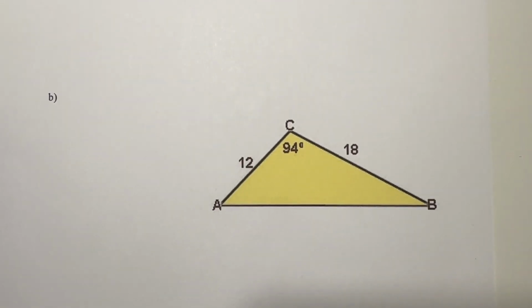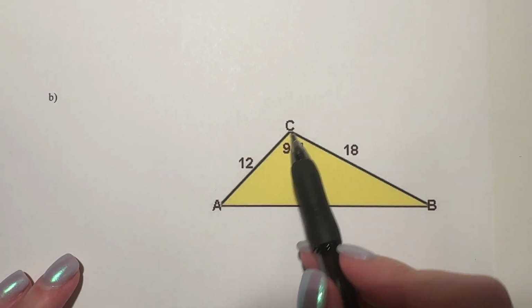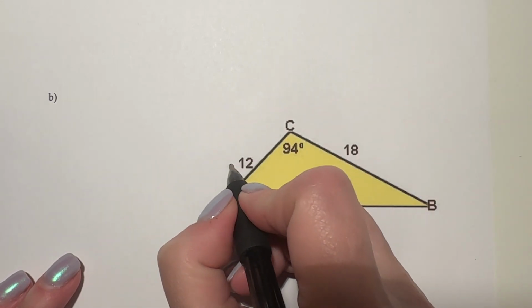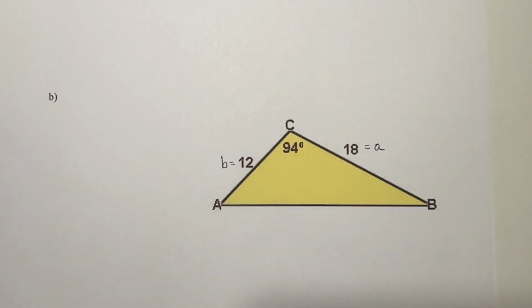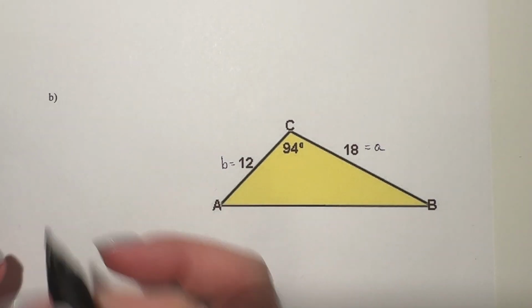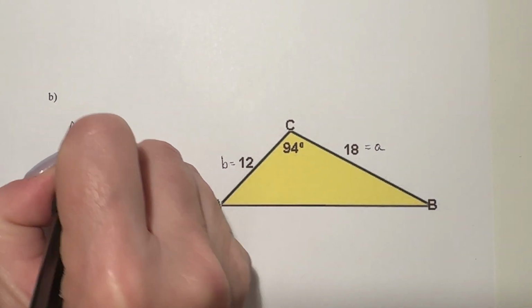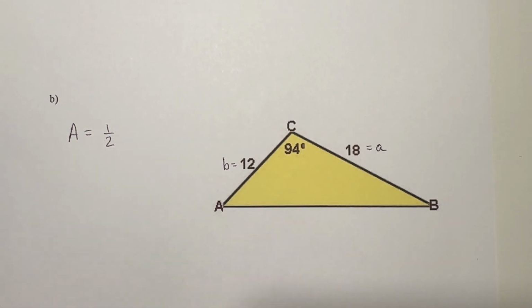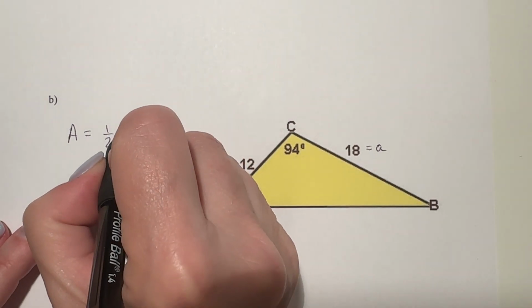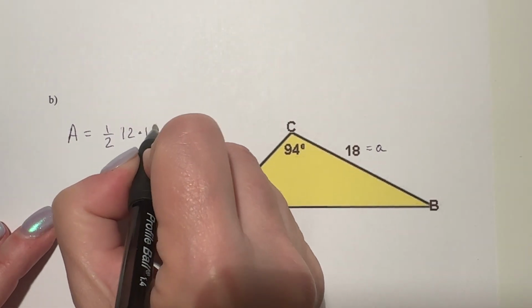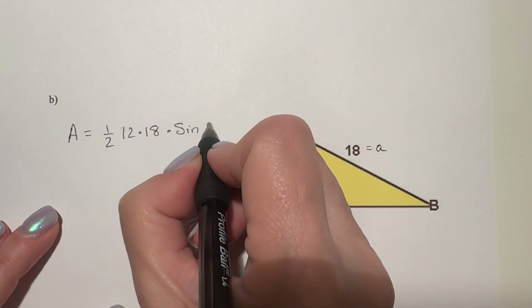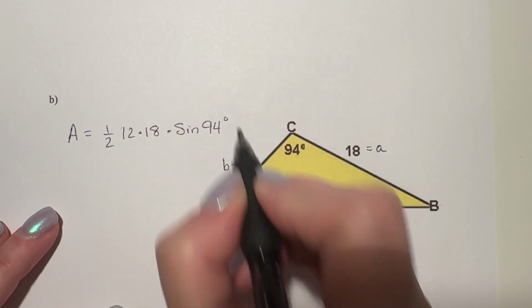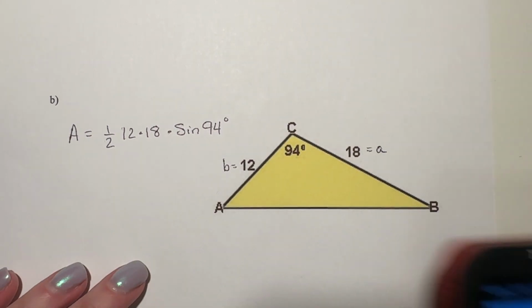All right, so this time we have angle C, which means that this must be side B and this must be side A. And if you look up above in the box, there's only one option that'll work with that, which was the very first one. Let's plug it in. So I'm going to have 1/2, and you're going to take your 2 sides that are given, multiply them, and then times sine of whatever your angle is, 94 degrees, and that's going to give you your area.